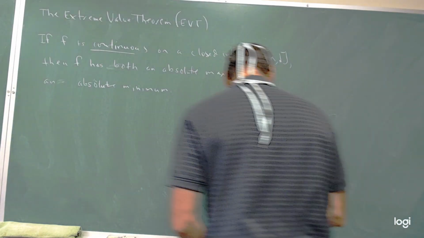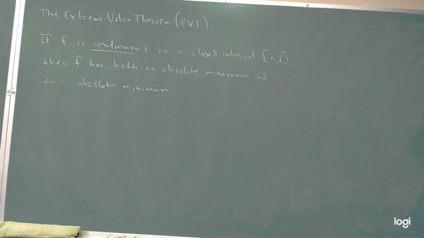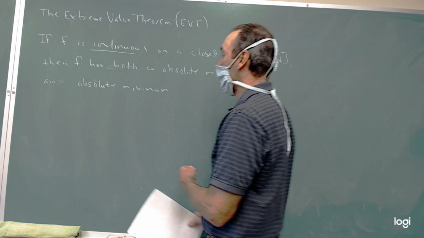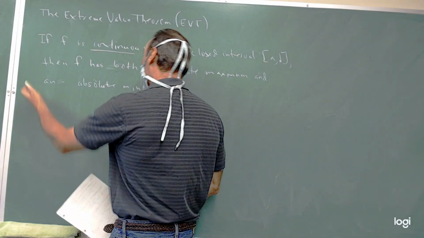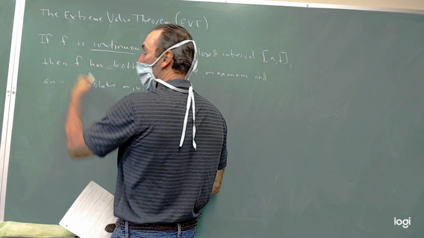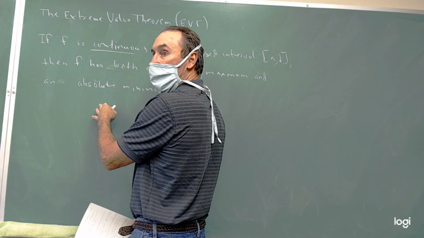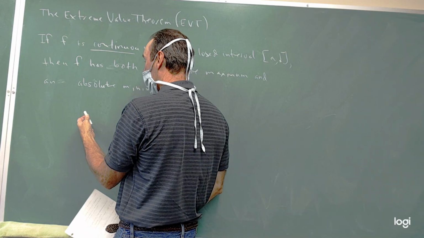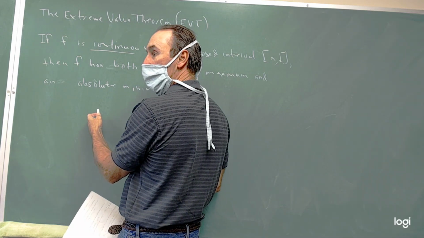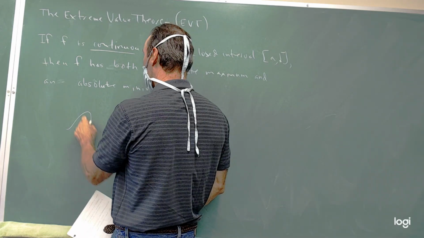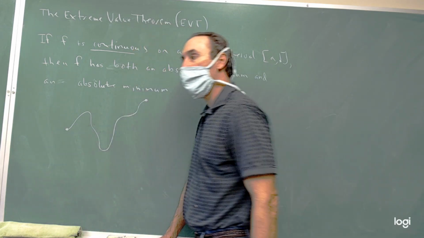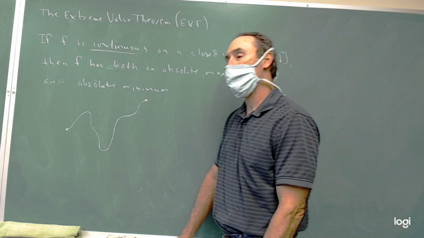But before I do that, let's talk about relative mins and relative maxes. If there is an absolute maximum or minimum, and we meet these criteria, so it is continuous and on a closed interval, where can the absolute max and the absolute min occur? So we could do something like that. And where could an absolute max or absolute min occur?